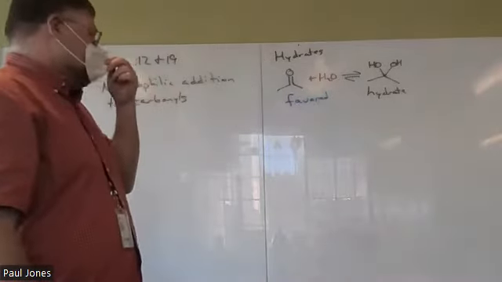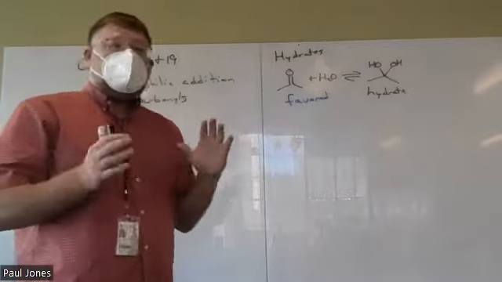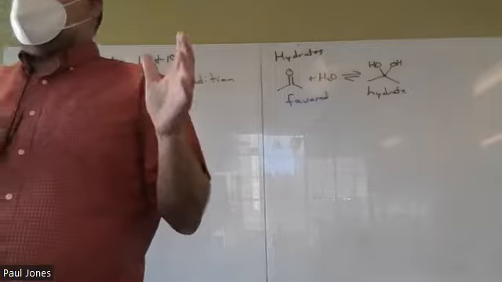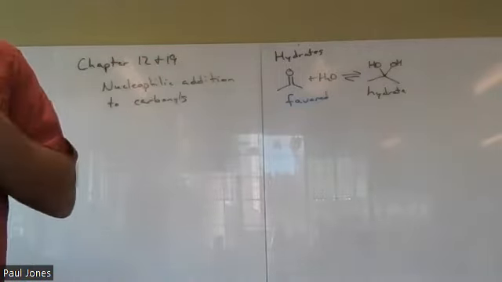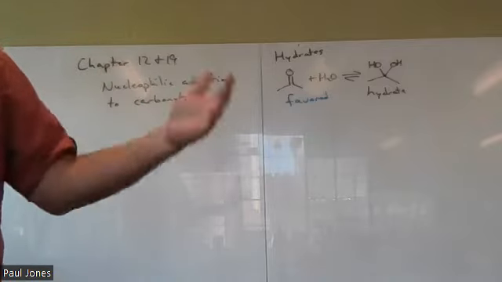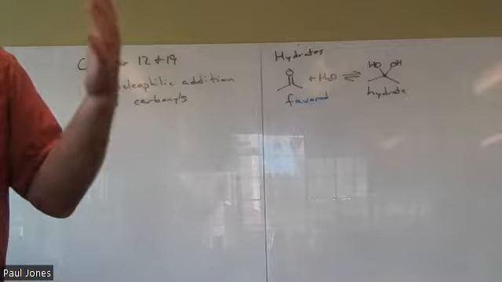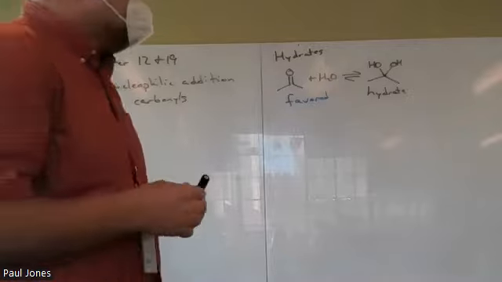And like I said, there are two ways. You can get to the hydrate either by an acid catalyzed addition or a base catalyzed addition. And we're going to see over the next couple of weeks a bunch of mechanisms where we're working in acid or we're working in base, and the reaction changes accordingly.